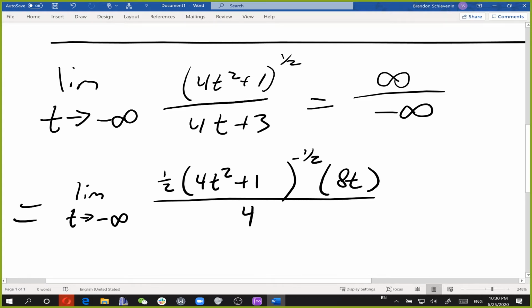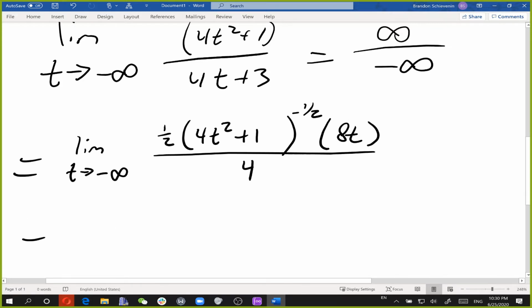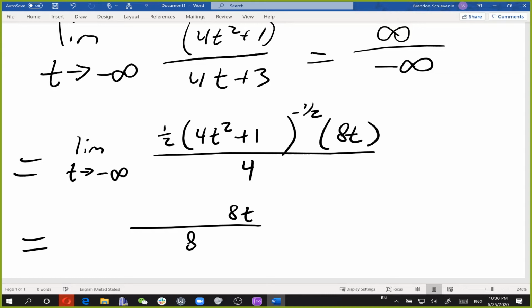Okay, I'm going to keep going then. So I've got a 1/2 here, so this 2 I can move to the bottom of the fraction. That will give me 2 times 4 is 8. I've got an 8t on top here. This is a negative 1/2 power, so I can move this whole part to the bottom of the fraction to make it positive, 4t squared plus 1 underneath the square root.